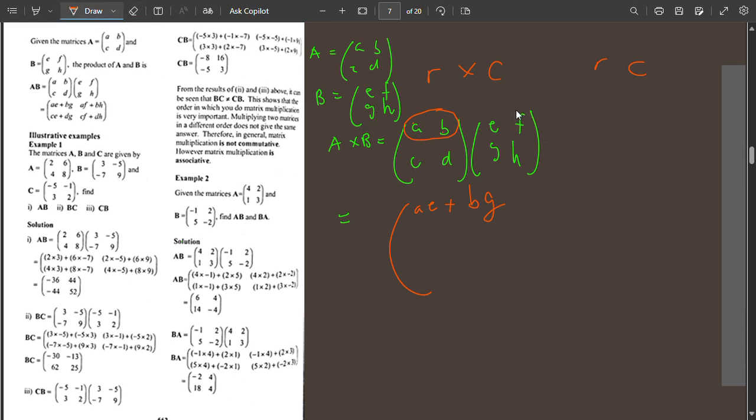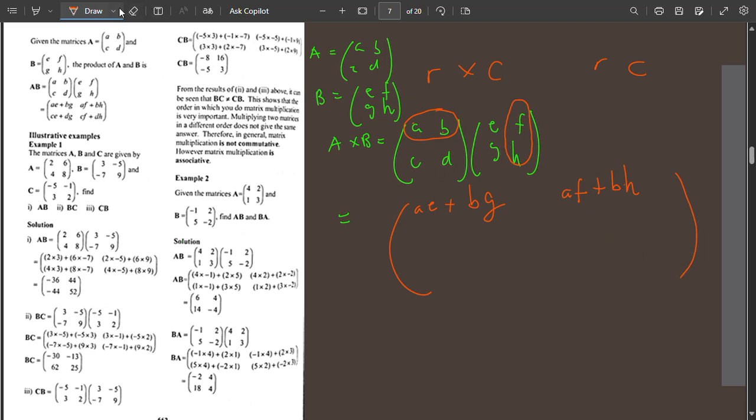The first row will now multiply this column. And how do we do it? Let's see. A multiplies F, so that's AF. Then B multiplies H, so plus BH. Perfect.